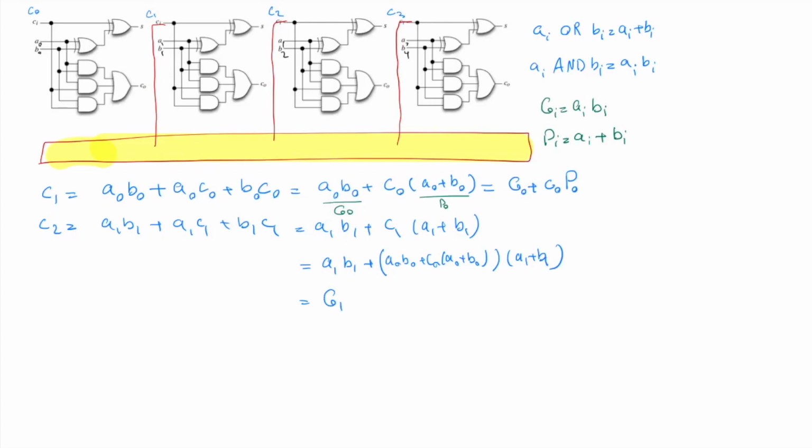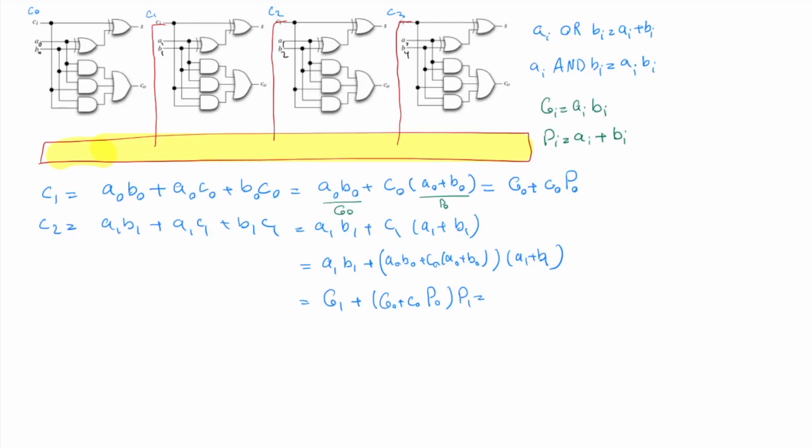I can write this as G1 plus this whole thing, which is just what we had written here. So I'm going to copy that over, G0 plus C0 P0, and the last term is going to be simply P1.